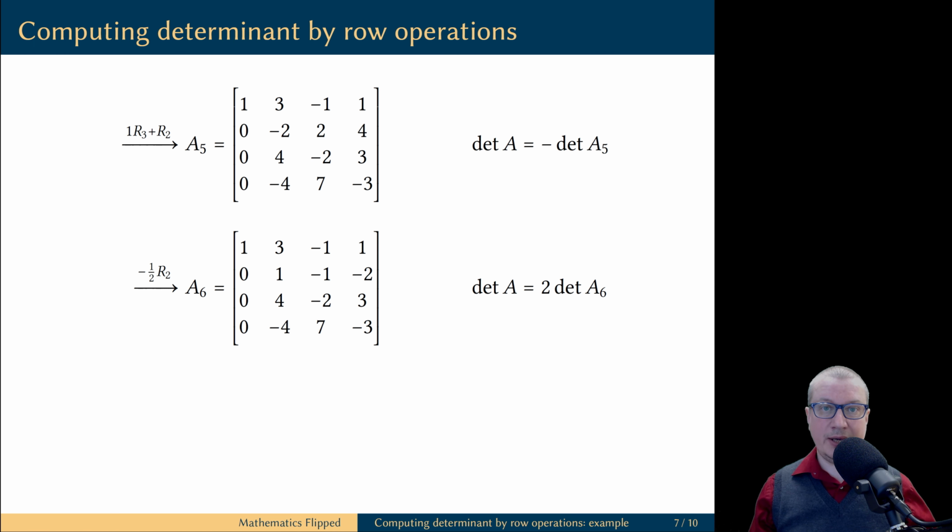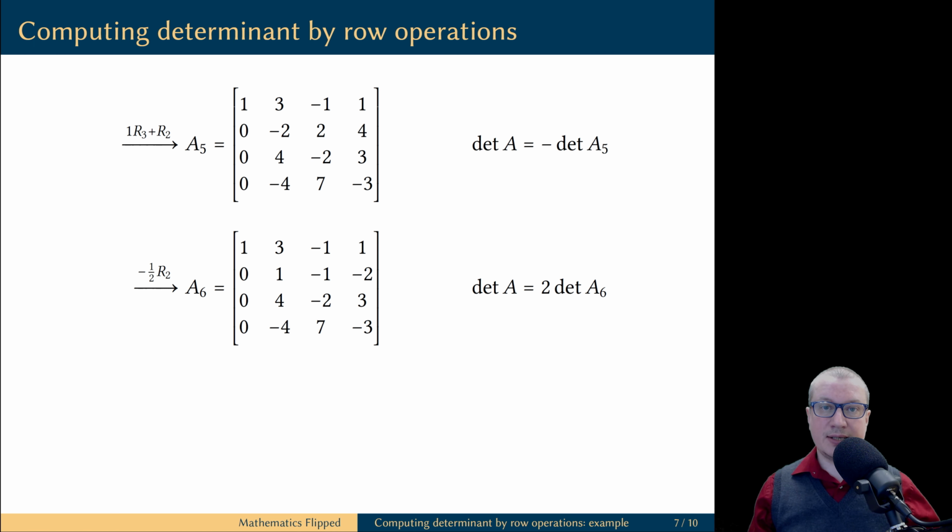And now please pay careful attention. I will explain why determinant of the matrix A is equal to 2 times determinant of the matrix A6. We scaled a row by -1/2, so it looks like it should be the previous determinant, which was negative determinant of A5 multiplied by -1/2, resulting in a scalar multiple of 1/2. Why is it 2, not 1/2 here?